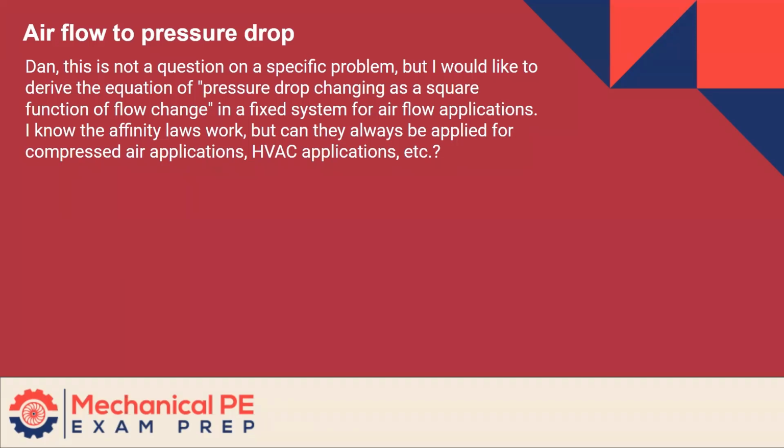I had said that in an email with my team, and my boss put it into the Darcy Weisbach equation and was trying to use that in the application. And I was making the point, let's not overcomplicate it. This function works for any fixed orifice or fixed K factor or whatever you want to call it. If you have a change in flow, the pressure drop is going to change as the square function.